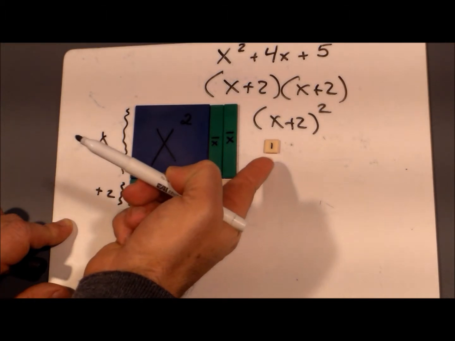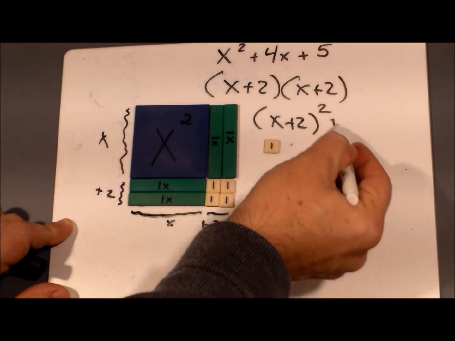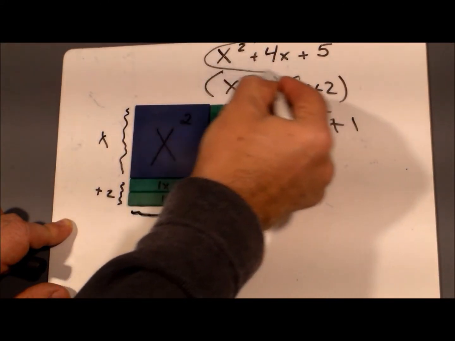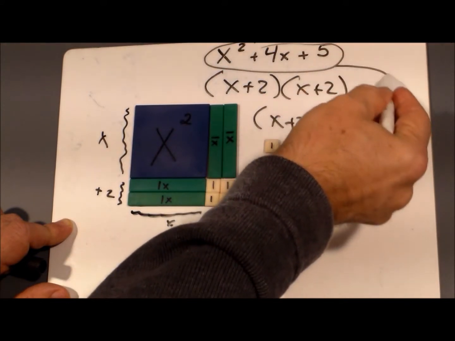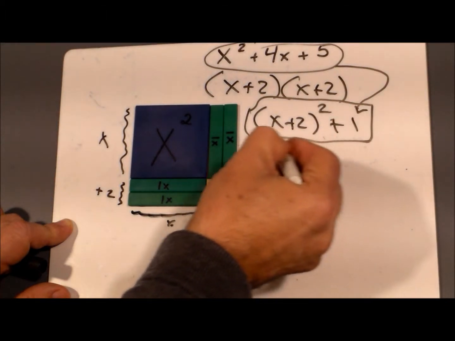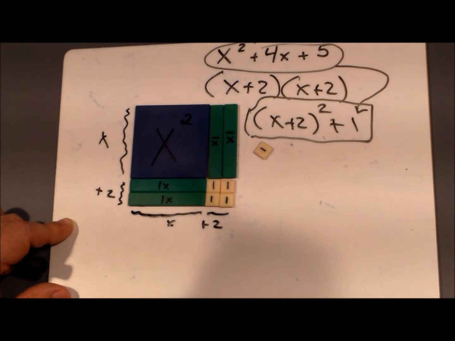But we still have this little guy over here, so we're going to tack him on, and he's worth 1. So this statement right here is equivalent to this one right there. And that was our goal.